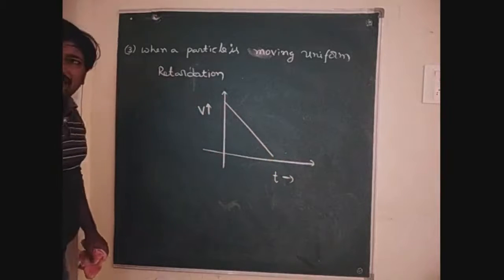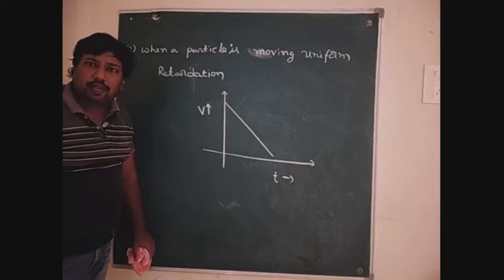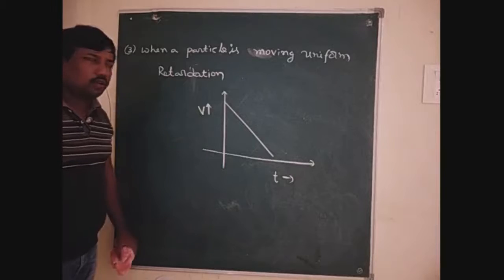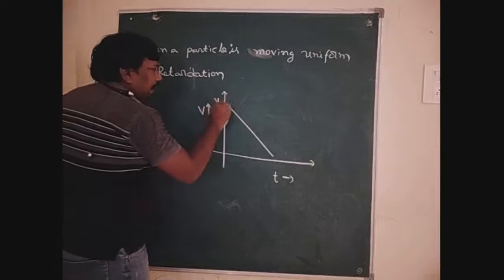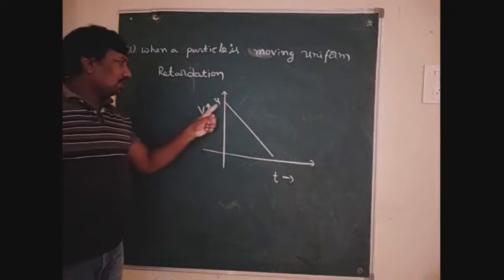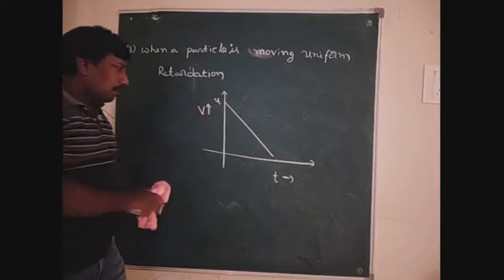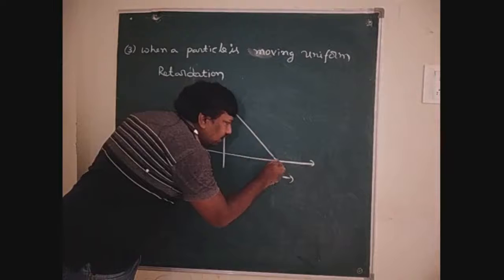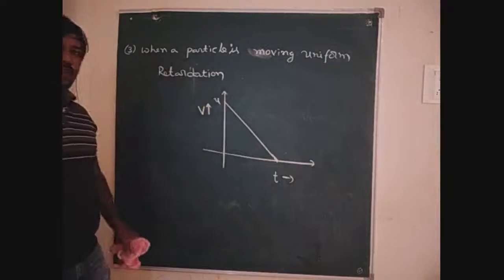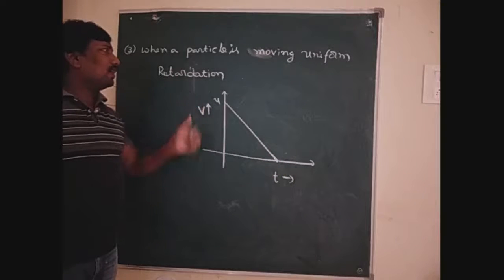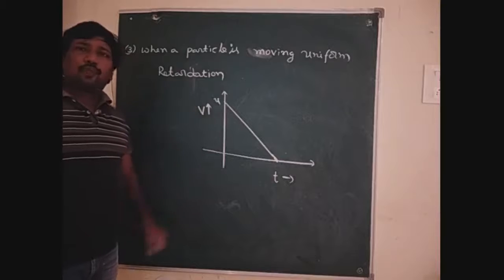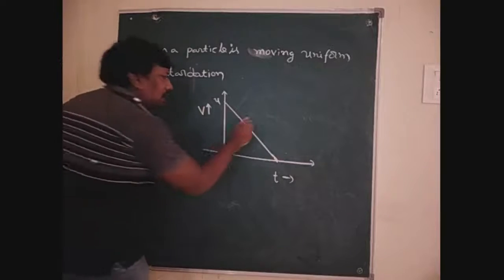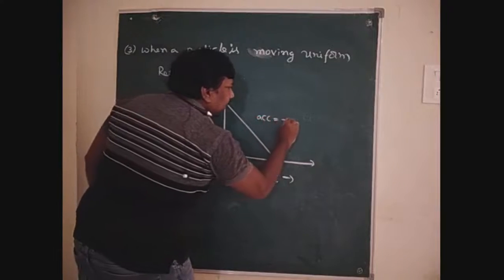Here its slope is negative. When a particle is moving with some initial velocity but final velocity 0, this graph is represented by the uniform retardation case. So here acceleration is negative.